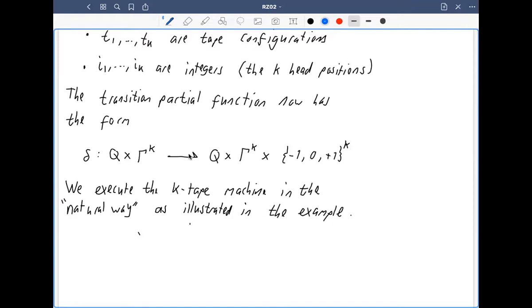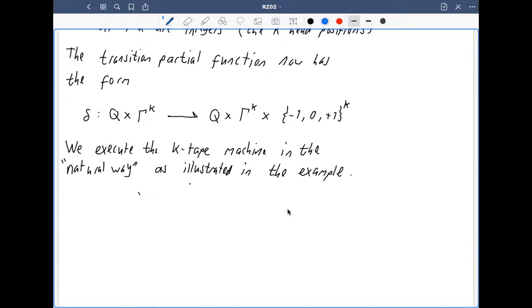And from that, this part means partial function, we either do nothing, in which case we stop, or we assign a new state, K new tape symbols that we write on the K tapes, and K different movement directions, either move left, stay in the same place, or move right. And we execute the K-tape machine in the natural way as illustrated in the example.